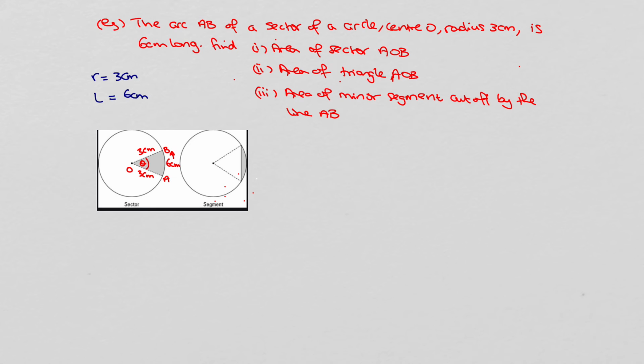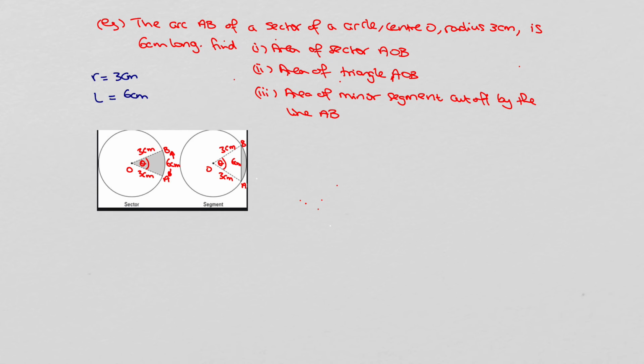So the distance from A to B there is 6. It then says if we make a triangle by joining the line A to B, we have a triangle AOB with sides 3, 3 and 6 centimetres.